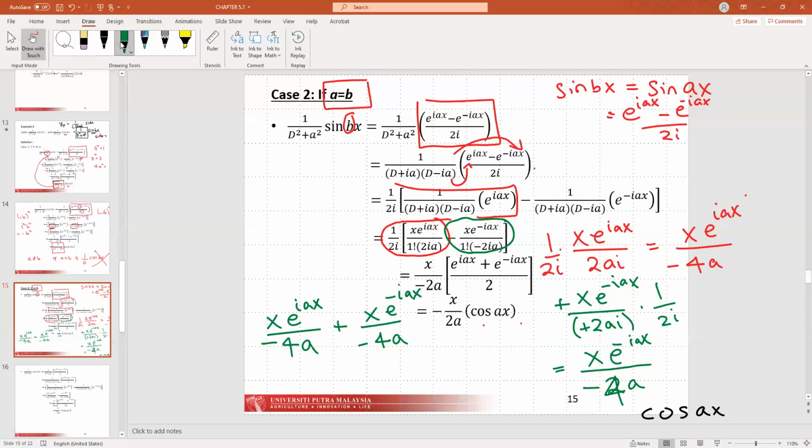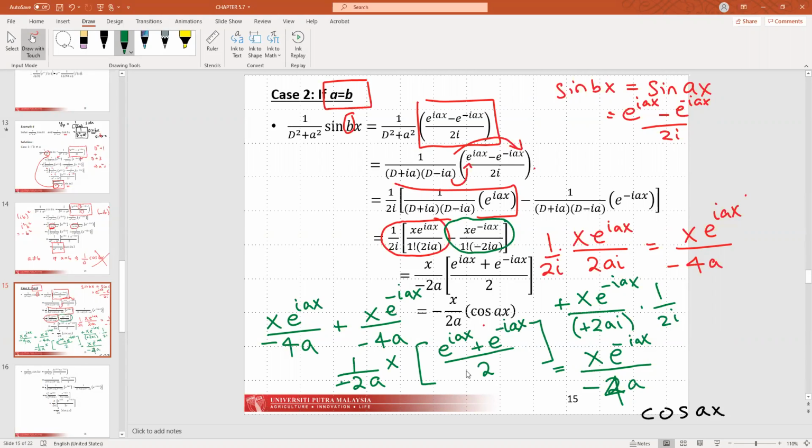Okey, setakat ni okey ke? Okey, kemudian saya kumpulkan apa ni yang 4a, so dia akan jadi 1 over minus 2a. Saya nak keluarkan yang minus tu, darab dengan x darab dengan e iax tambah e minus iax divided by 2.